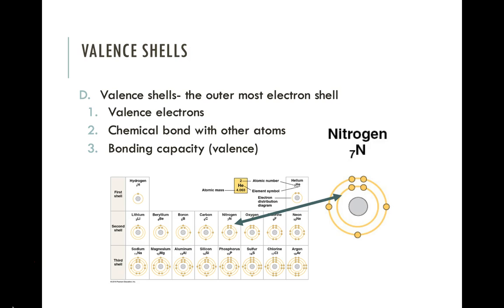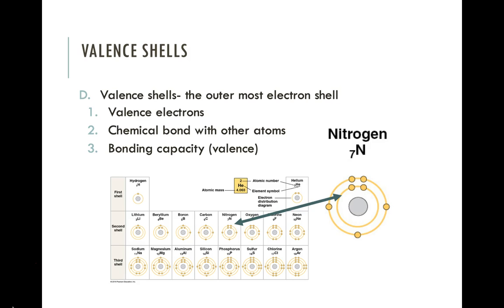It has 2 shells. And the reason that we're worried about the valence shell is because valence electrons are the ones that are going to be involved in a chemical reaction. Those are the electrons that are going to be shared or passed to another molecule to interact with them. So they are the electrons that are forming chemical bonds.